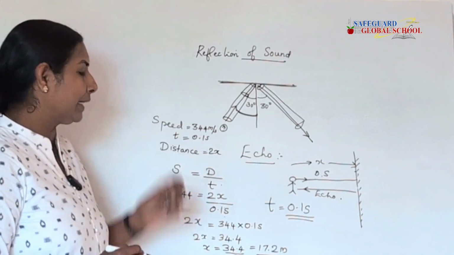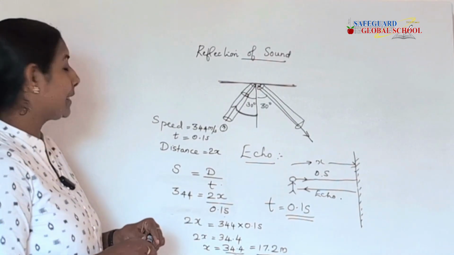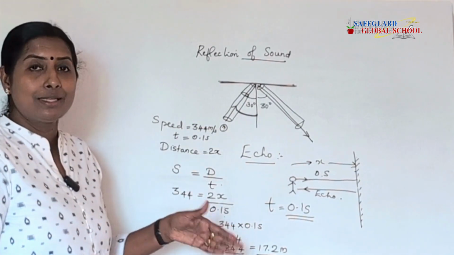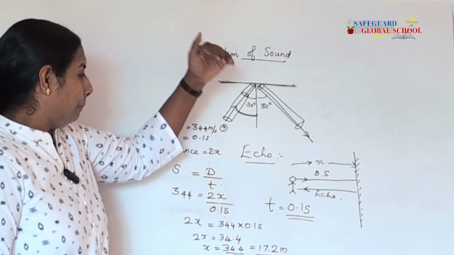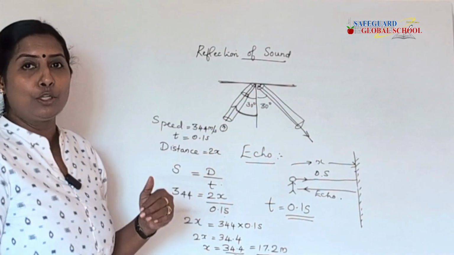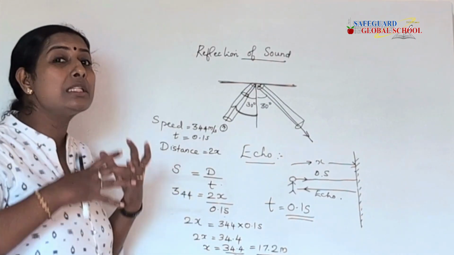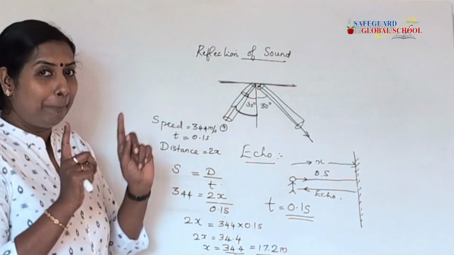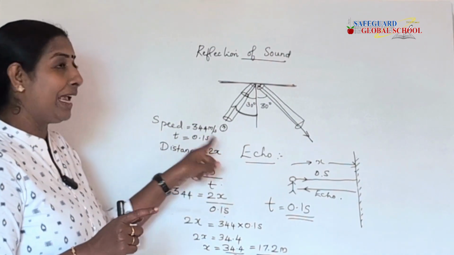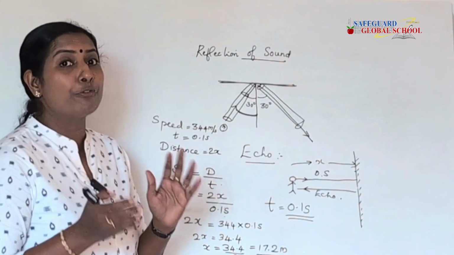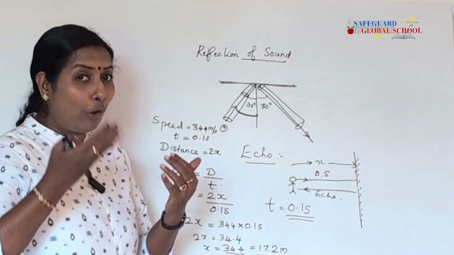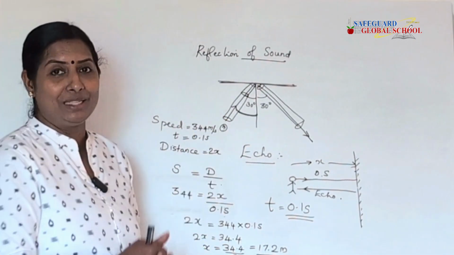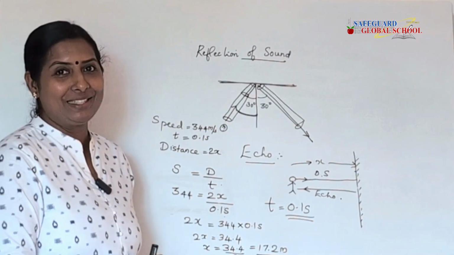So in standard condition where the sound travels at a speed of 344 meter per second, the minimum distance required between the source and the reflector to hear an echo very distinctly is 17.2 meter. Because I have already discussed, the time lapse must be there of 0.1 second for our brain to distinguish between the echo and the original sound. Hope you understood it. Thank you.